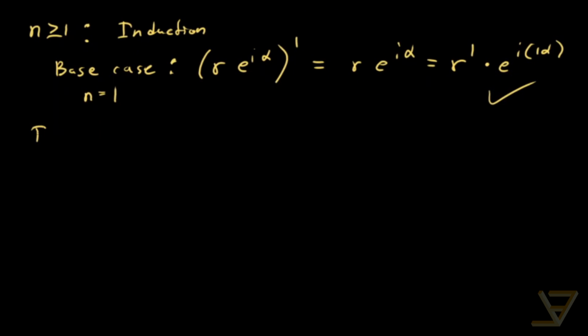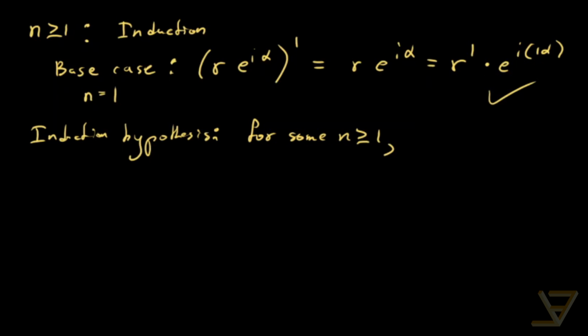Now for the induction hypothesis, suppose that for some n greater than or equal to 1, (r times e to the i alpha) to the power of n is equal to r to the n times e to the i n alpha.